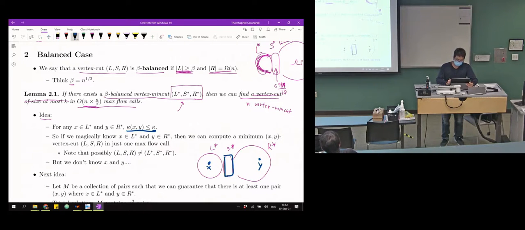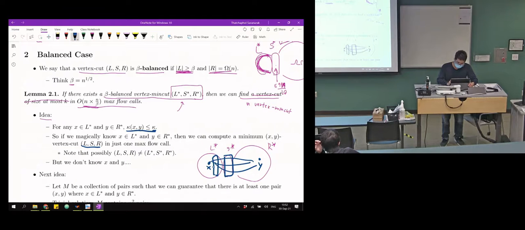Which means what? It means that if we compute max flow from X to Y, or compute the minimum separator between X and Y, then you would get some cut, which is a min cut too. But is it equal? Well, there might be some cut which is as small as S star, but it's not the same.